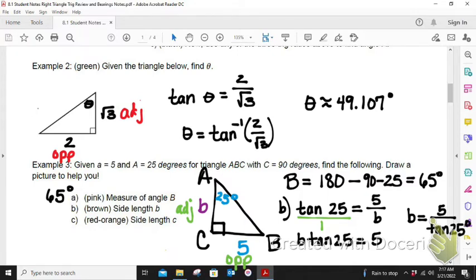So go ahead and type that in your calculator. Take 5 divided by the tangent of 25, and that's going to tell you the length of side B. We'll just do everything to the thousandths place so we're just consistent, because I'm pretty sure that's what your homework says to do.